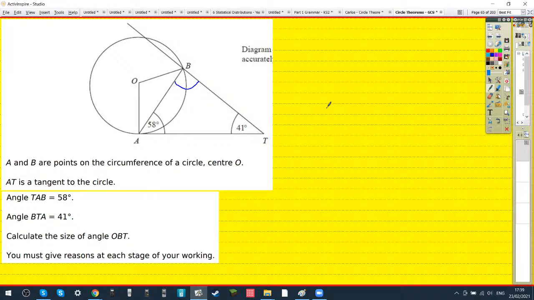How did you get that? I took away 58 from 180.